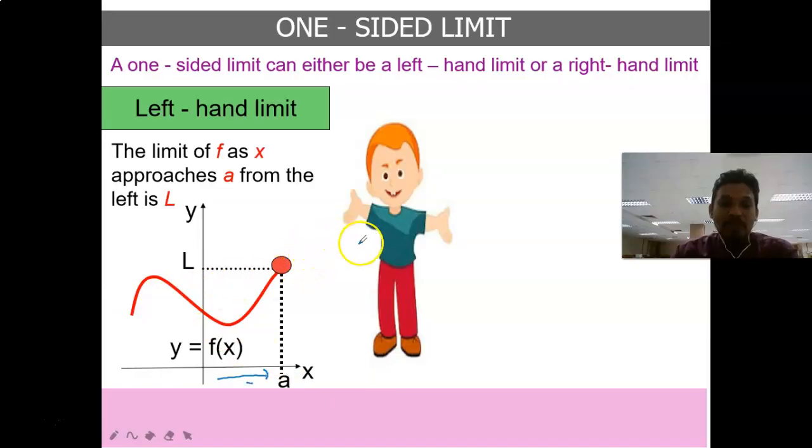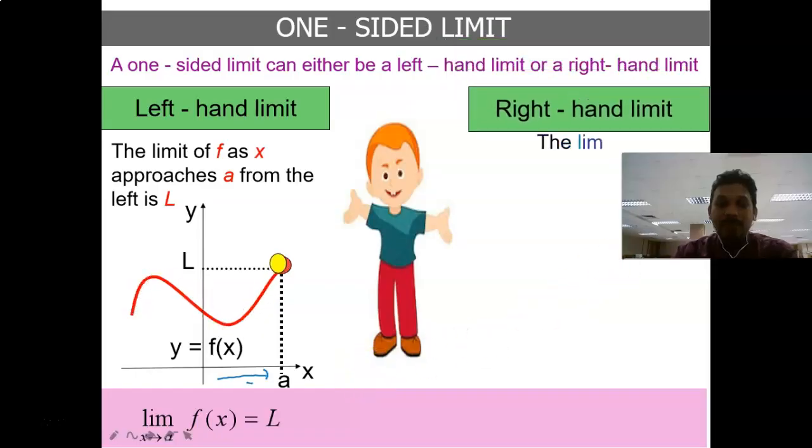There is no graph from the right side of the function f, as x approaches a from the right. Do you find any graph here? No, right? There's only graph approaching x equals a from the left side. So the limit of f(x) as x approaches a from the left equals L.